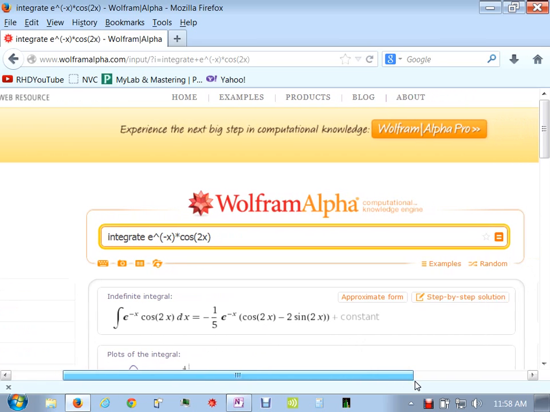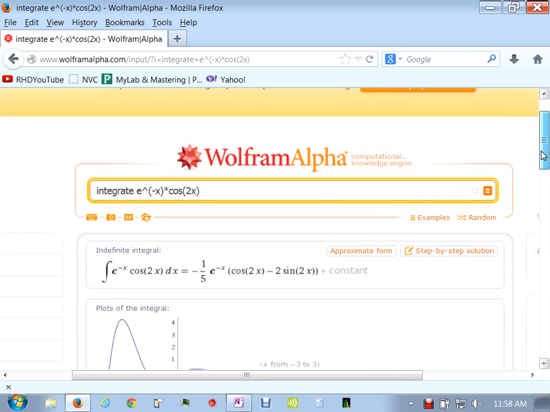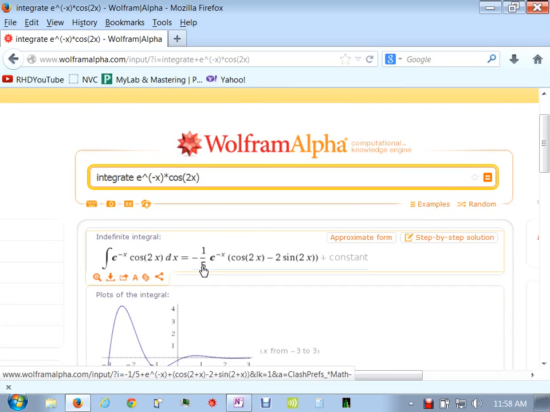So here's the answer, according to Wolfram Alpha. It's negative 1/5 e to the negative x cosine 2x. Is that what we had? Negative 1/5? And then if you distribute the factor through the parentheses, negative 1/5 times negative 2 is positive 2/5 e to the negative x sine 2x.